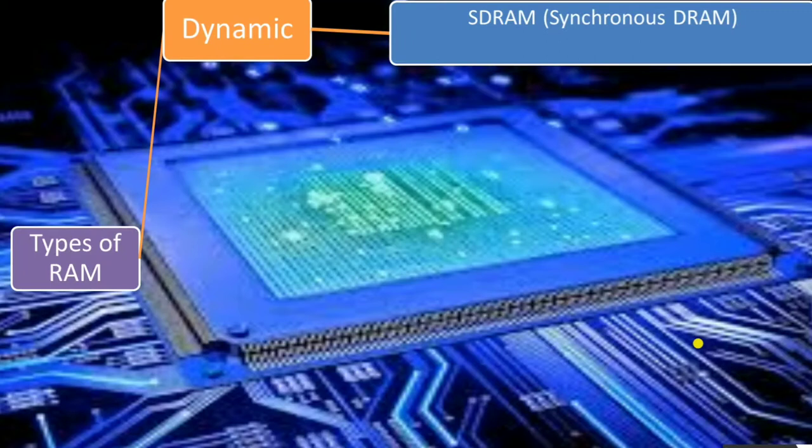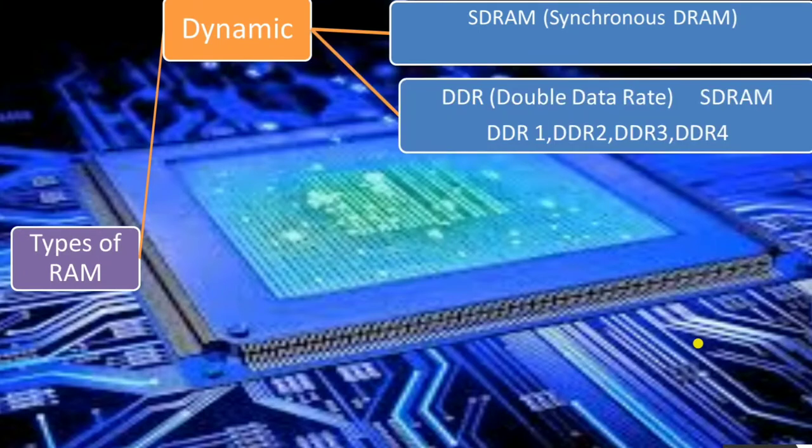Like, what are the variants? First is SDRAM. Synchronous DRAM means it is faster than the normal dynamic RAM or the DRAM. The other variant is you can see DDR. DDR is double data rate SDRAM, double data rate means it is transferring data with a double rate, so speed is faster.